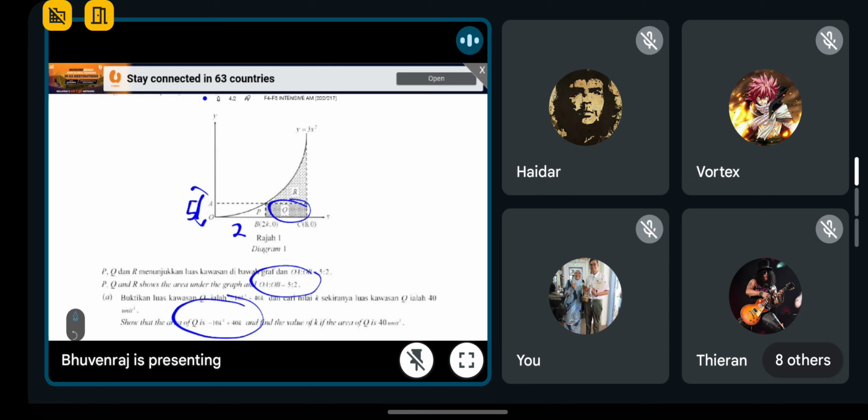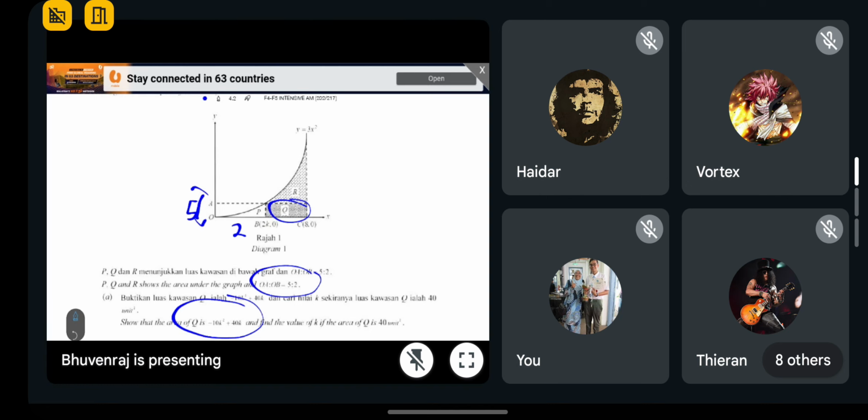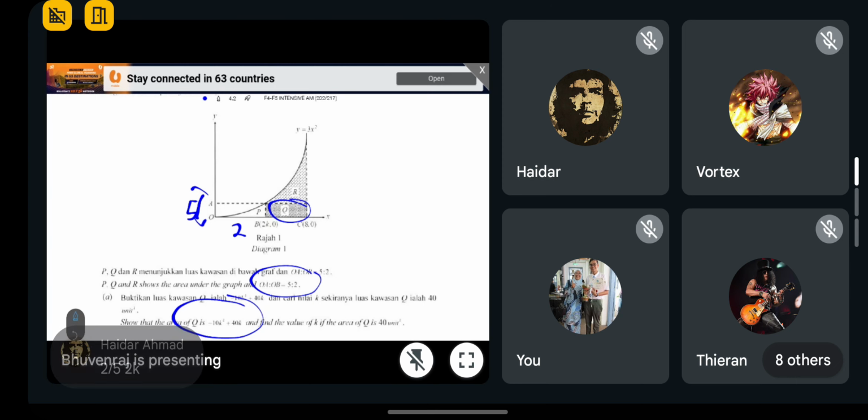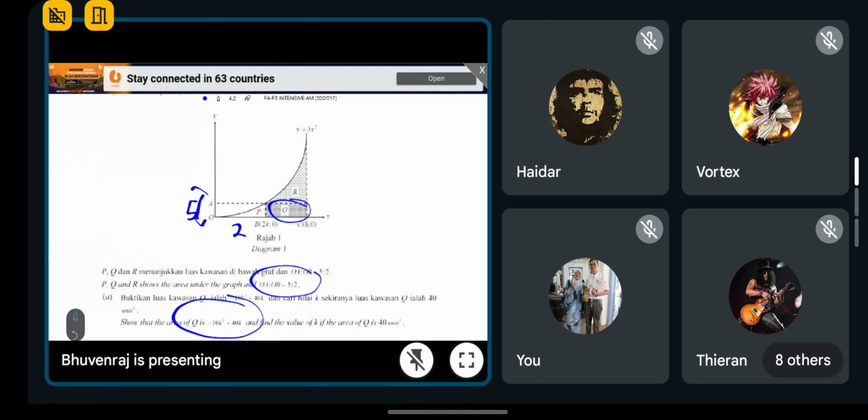Others also try to answer. Make sure you all give your contribution also. Use the ratio to find the length of OA. Okay, wait, let me see. 2/5. Why is your answer so complex? Anyone get other answer?